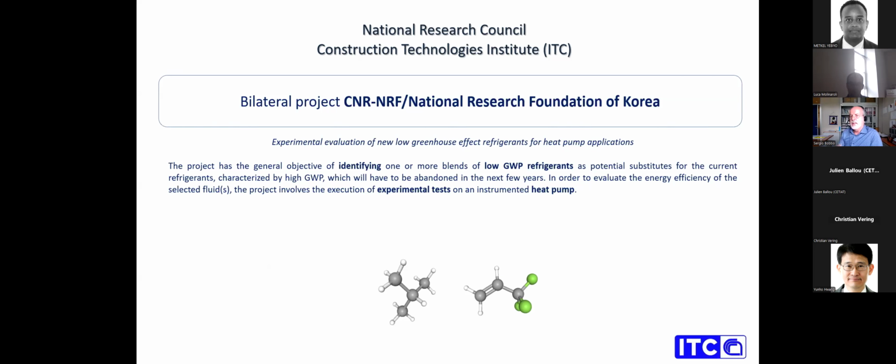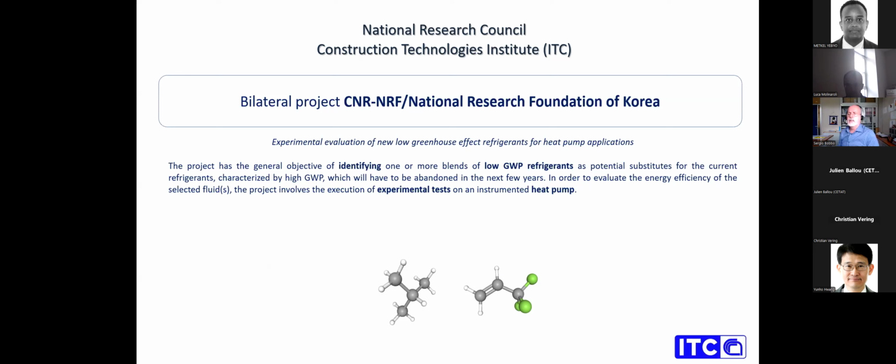We measured the vapor-liquid equilibria at different temperatures and regressed the coefficients for the equation of state to calculate the properties of these mixtures.